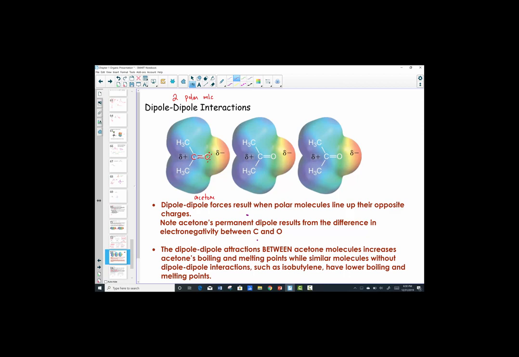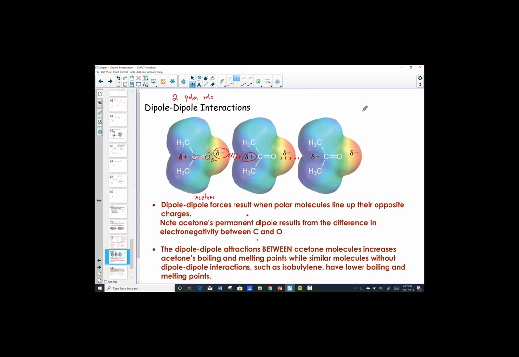And we can see that the double bond oxygen makes this area very electron rich, and the carbon would be electron deficient, so positively charged. The negative region on one molecule is very attracted to the positive region on the second molecule. And these intermolecular attractions based on opposite charges are known as dipole-dipole.